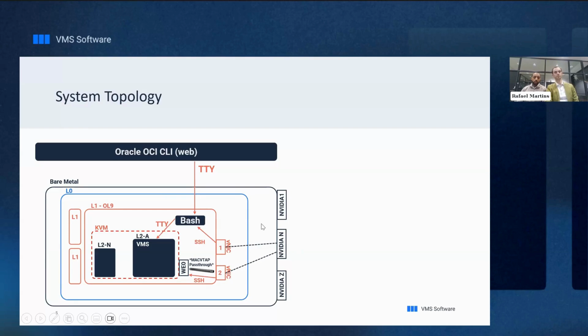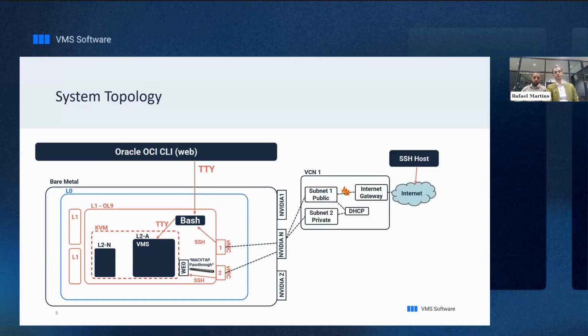That's not something that you need to know, it's just a curiosity. Then this goes into the Oracle infrastructure network, which we represent as VCN1. The virtual cloud network 1 is connected via one of the ports on this NVIDIA directly to our virtual network number 1. And this whole picture, this whole chain here, is automatically set up by Oracle as you set up the level 1 Oracle Linux 9.